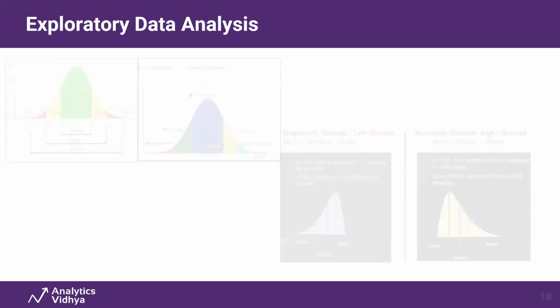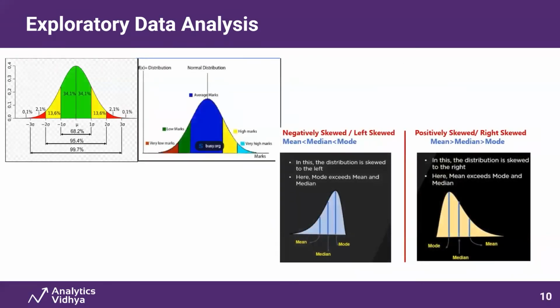Going forward, let's understand this a little bit. As I talked about, we treat the missing values and all. I generally show this to have an understanding of how we sometimes treat the missing values. See, this is the normal distribution. We all know it's also called a bell curve or the Gaussian distribution.